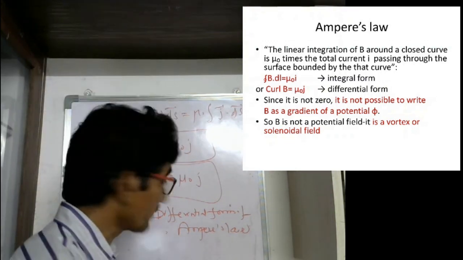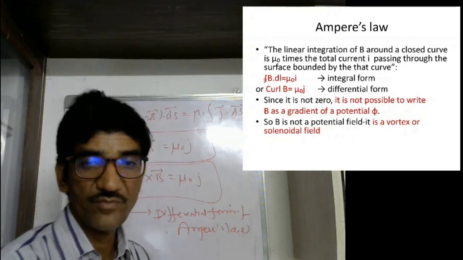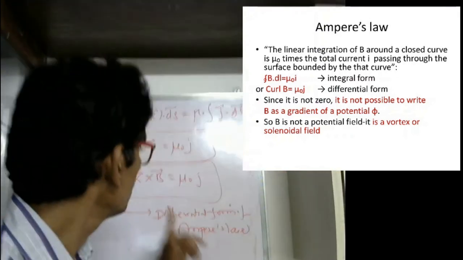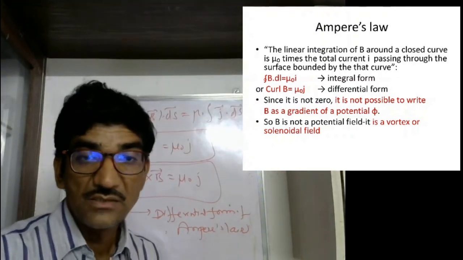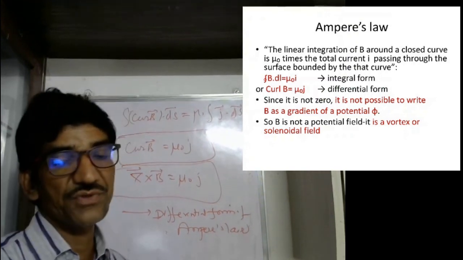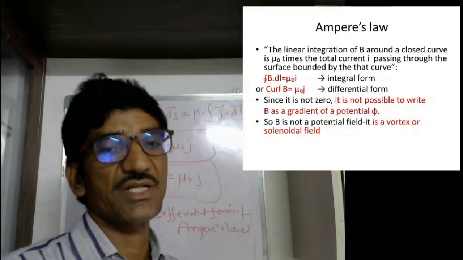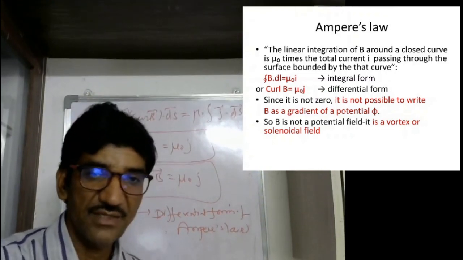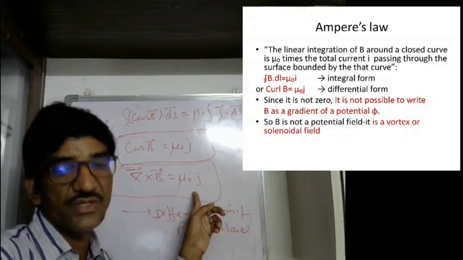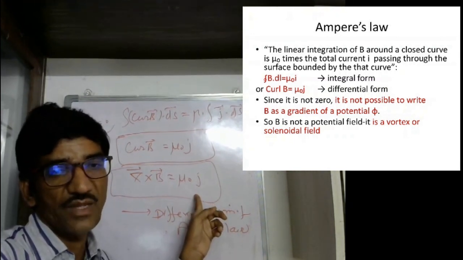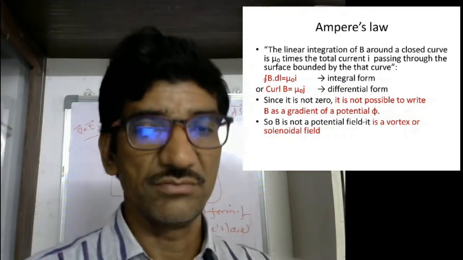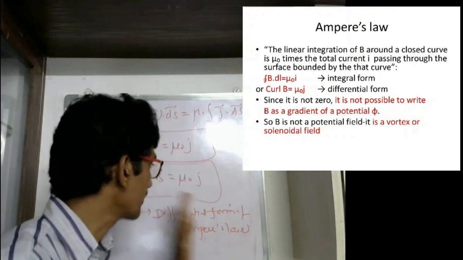What is the other difference between these two fields? Your electric field is a conservative force field. That's why you define electric potential corresponding to the electric field. Here the curl is not zero, or the circulation is not zero. That's why you do not have magnetic potentials corresponding to the magnetic field.